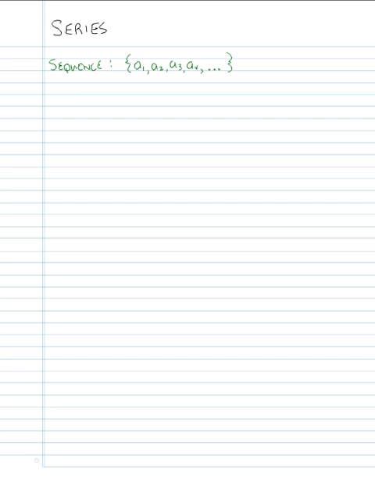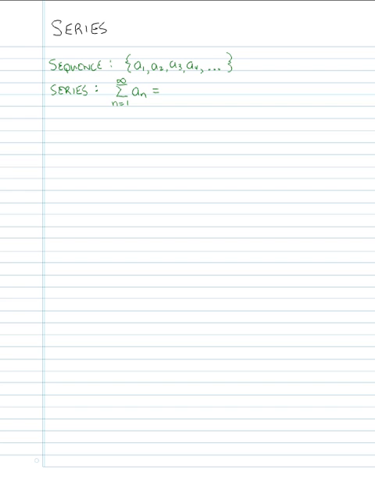A series, the idea behind a series is we take that sequence and we add up each of the pieces. So we will write it something like this. We would say the sum from n equal 1 to infinity of a sub n, and n is called an index.